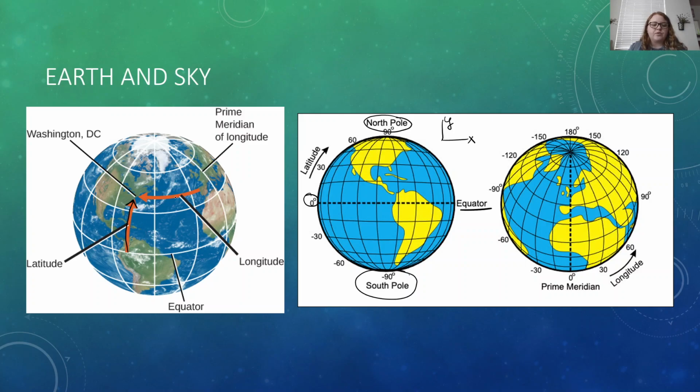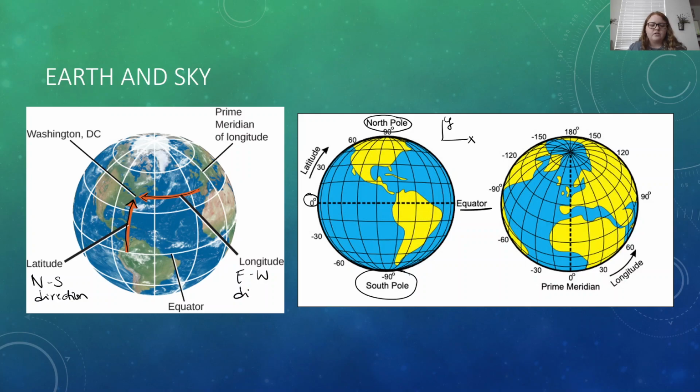On this left picture, we can see that longitude goes in the east-west direction. Latitude, I should have mentioned, is the north-south direction.